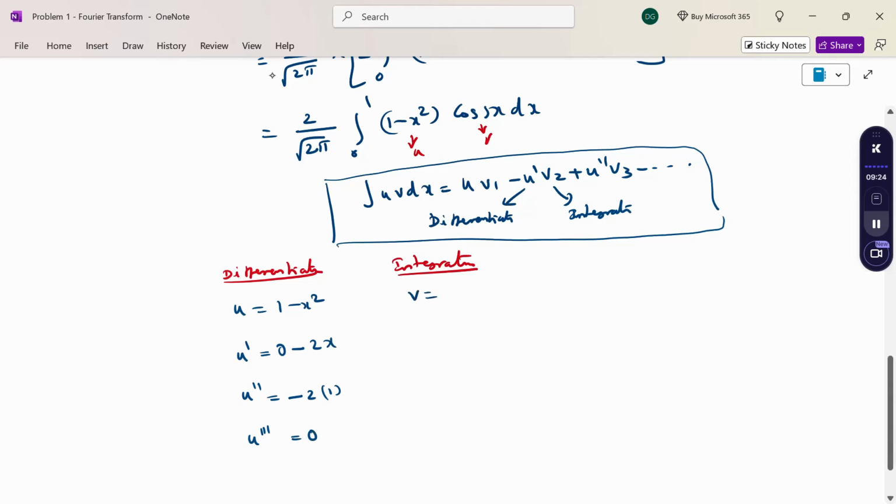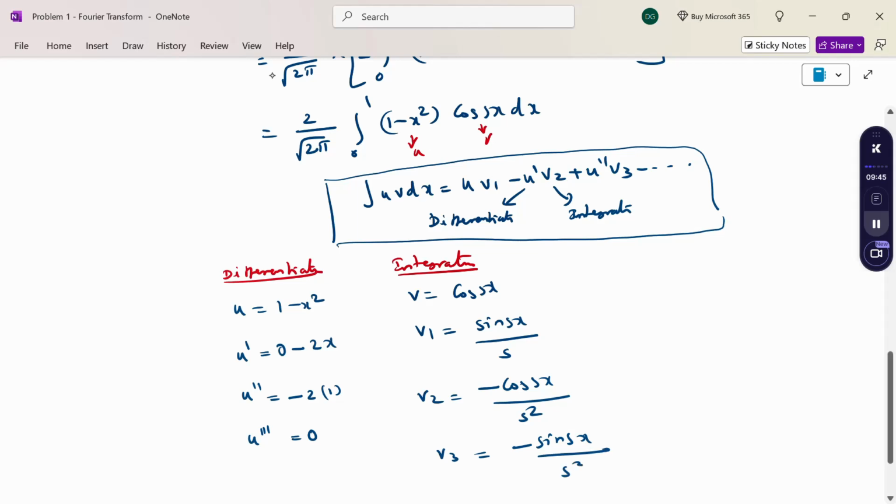And then v equals cos sx, integration of cos sx is sin sx by s, again integration minus cos sx by s square, already 1 s is there, the constant when the denominator has s square. Then v3, again integration, minus sin sx by s cube.